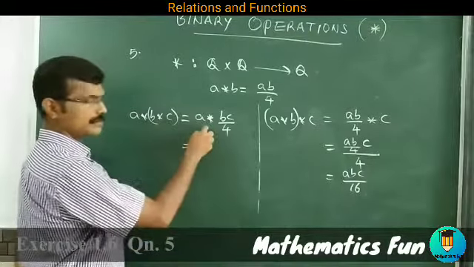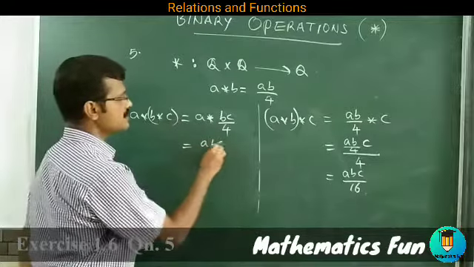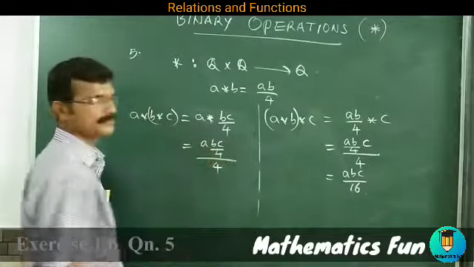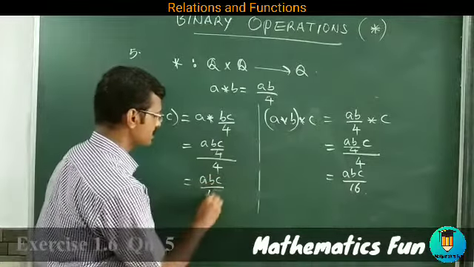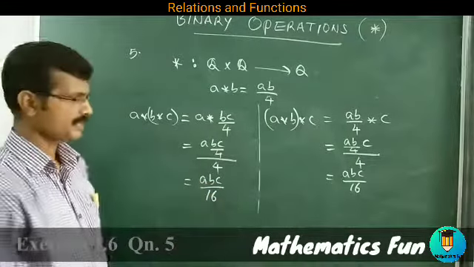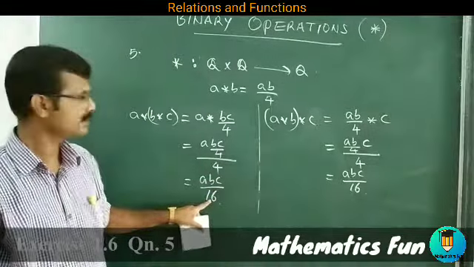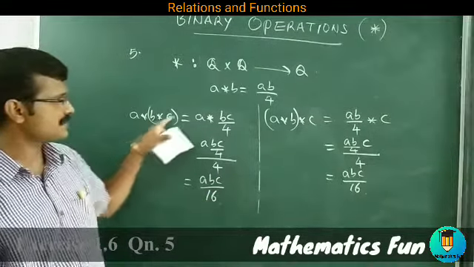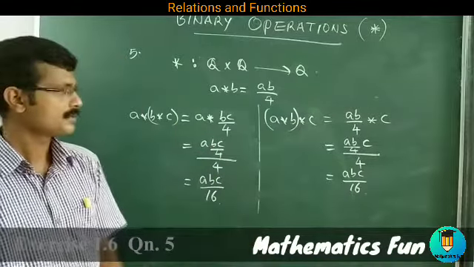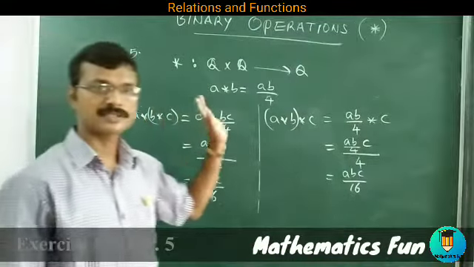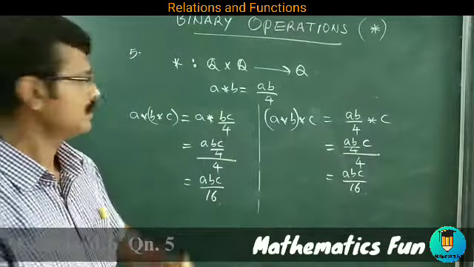Again I will apply the rule, and similarly it comes ABC by 4 by 4, so it will become ABC by 16. Now you see both are ABC by 16. That means (A star B) star C is equal to A star (B star C). So it is associative. So the first part, that it is commutative and associative, both parts are over.